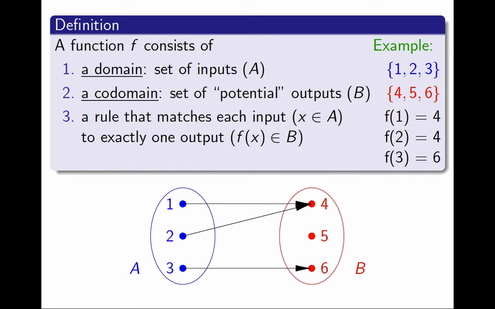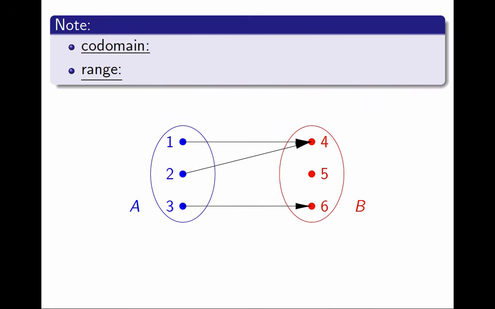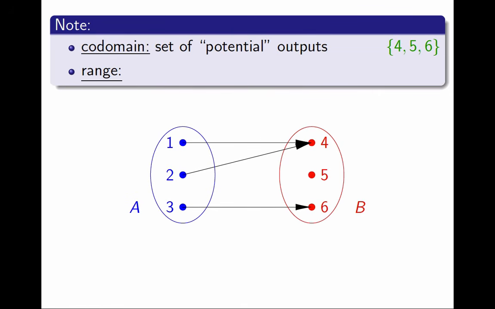Why did I refer to the elements in B as potential outputs? I want to distinguish between codomain and range. The codomain is the set of potential outputs. In this example, it is the set 4, 5, 6. The range is the set of actual outputs. In this example, it only has 2 elements, 4 and 6.